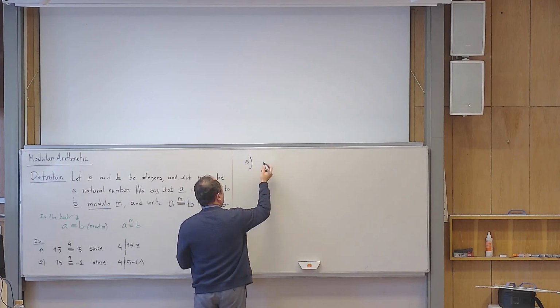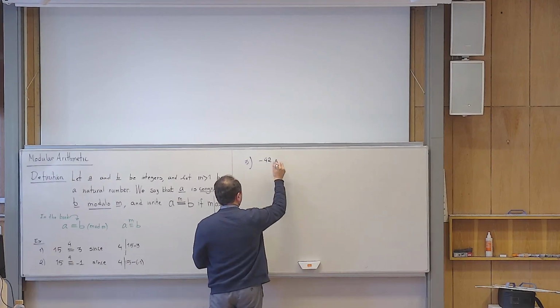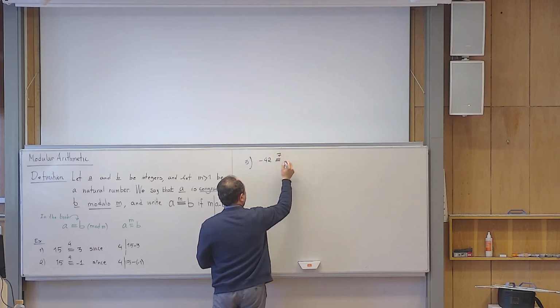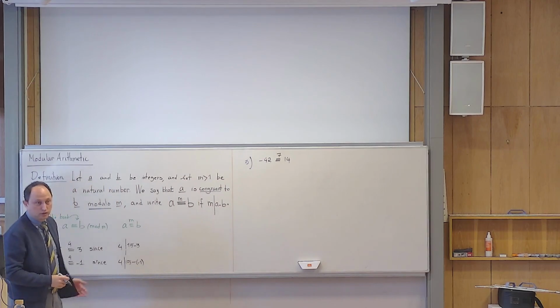Okay. So here, let me give you another example. So for example, let us write minus 42, and I would write it as congruent to 7, and I would write here 14. Do you think that this is true? Let us check.